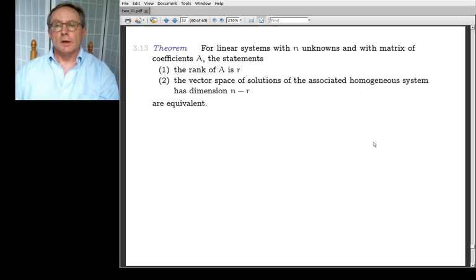Okay, for a linear system with n unknowns and a matrix of coefficients A, the two statements, the rank of A is R, and the vector space of solutions of the associated homogeneous system has dimension n minus R, are equivalent.